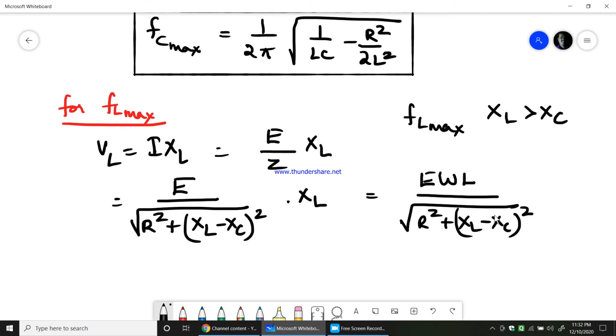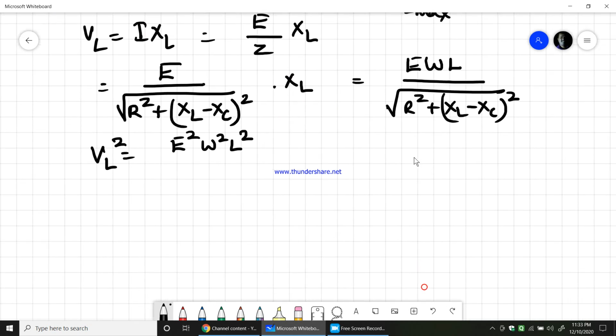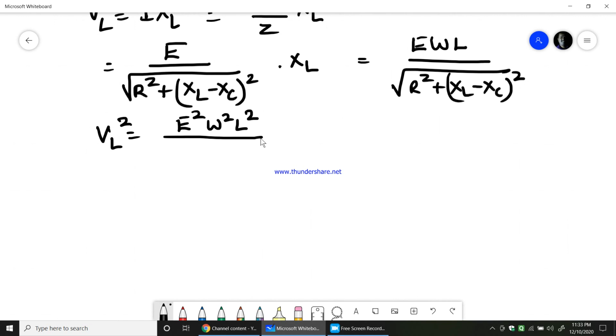So if I square both sides, I'll get VL square equals E square omega square L square divided by R square plus (omega L minus 1 over omega C) the whole square.